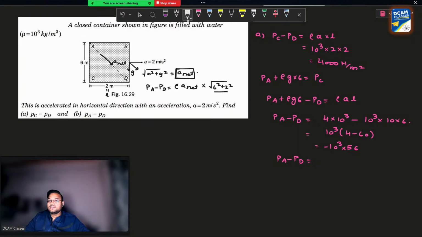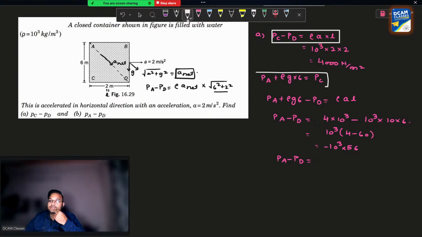Or go by the simple way, because the pressure difference occurs only along the acceleration direction. One acceleration is downwards, one acceleration is forward. So the pressure difference equations you'll apply like this, right? Understood?